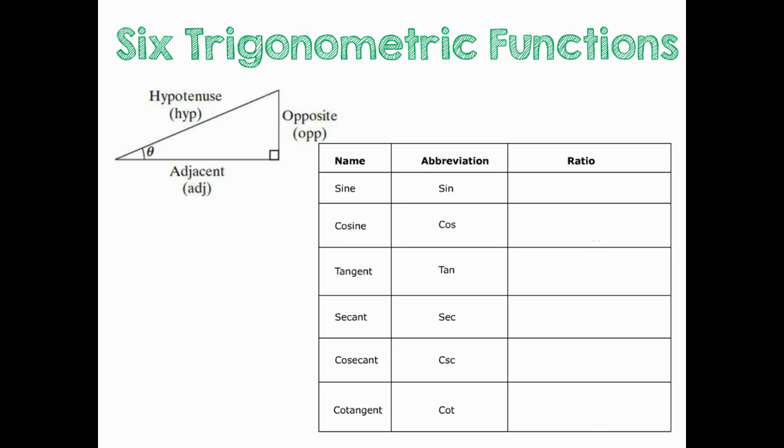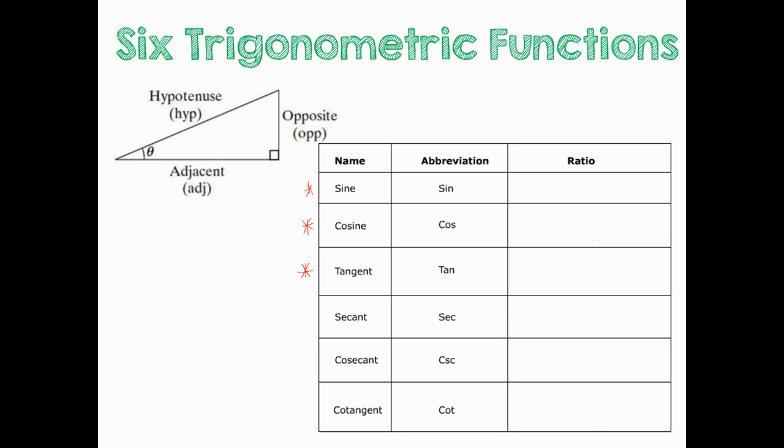You could also have another angle, beta, up at the top, but if we just look at theta, we have the side opposite the angle, the side adjacent to the angle, and the hypotenuse of the triangle. So these first 3, I know most of us already know, are sine, cosine, and tangent.